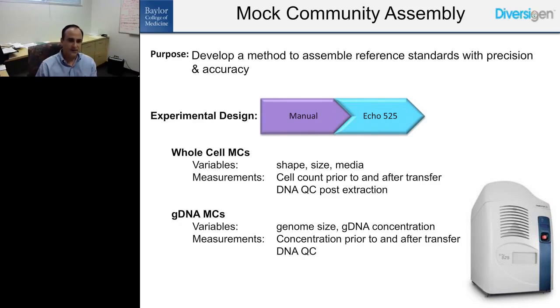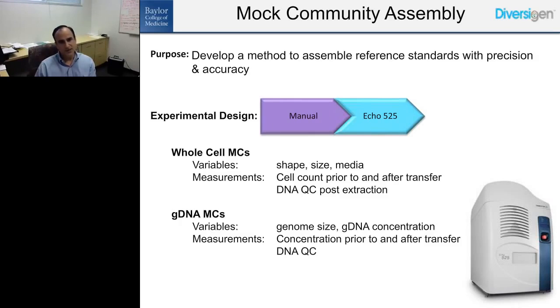So we produced both a whole cell mock community, and then a companion genomic DNA mock community. The reason for this is we wanted to look for any variances in extraction efficiency in those members of the mock community. Some of the variables that we looked at were size and shape of the microbes, and also the growth media, and how that would impact our ability to transfer using the method.